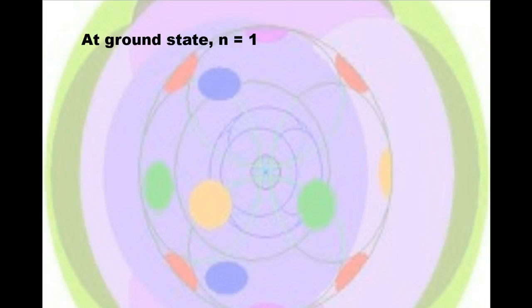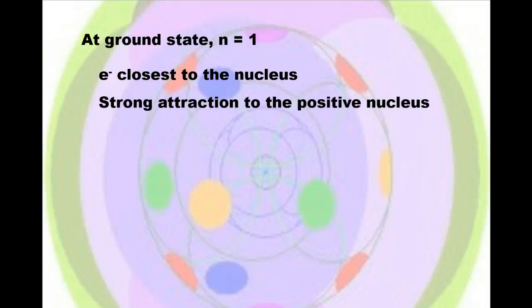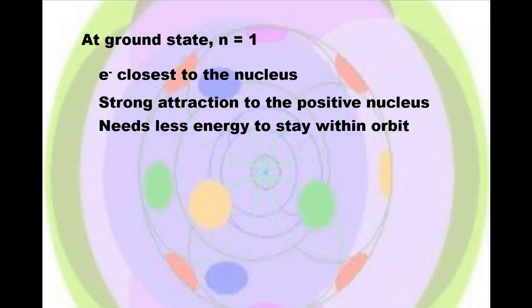So at ground state, let's say n equals 1, which is the first energy level. The electron is closest to the nucleus, so it has a very strong attraction to the positive nucleus. So it needs less energy to stay within its orbit. So those electrons in the first energy level are going to have the lowest energy. And as we move to energy levels further from the nucleus, the amount of energy is going to increase.